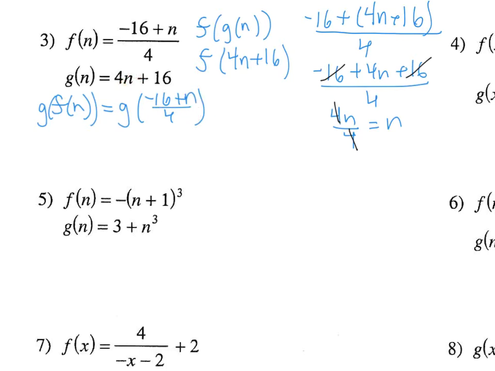So this is going to be 4 times all of that fraction inside the parentheses, and then plus 16 on the outside. And so we're going to simplify. When we simplify, the 4's in the numerator and denominator are going to cancel out immediately. And that is going to become negative 16 plus n, and then plus 16, and we can see another set of cancelings, and so that is just n as well.